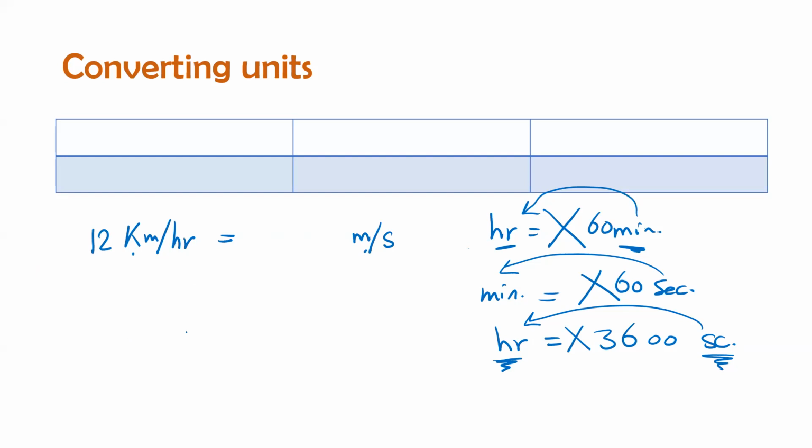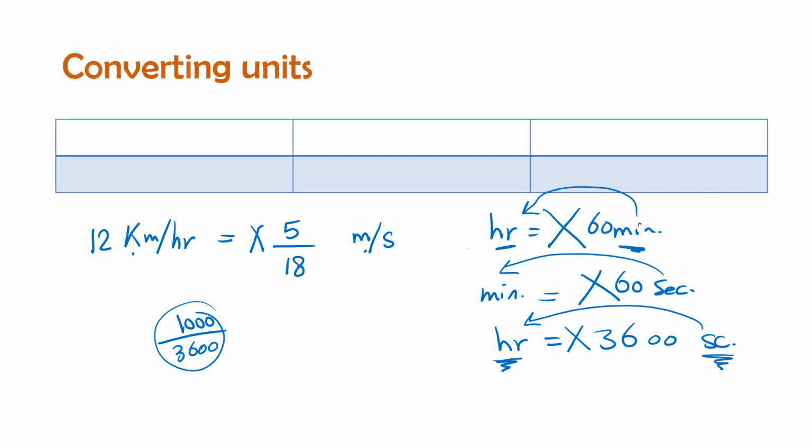Multiply by what? 1,000, teacher. 1,000 over from hour to second, 3,600. Now, if we simplify this, it will be times 5 over 18.